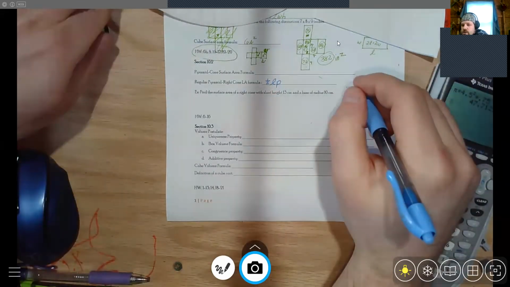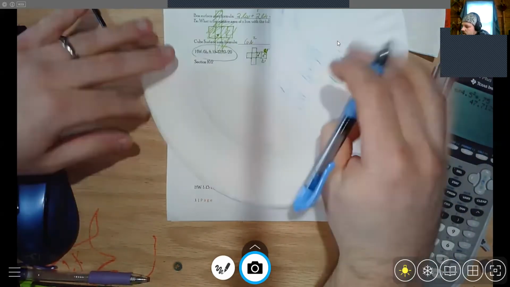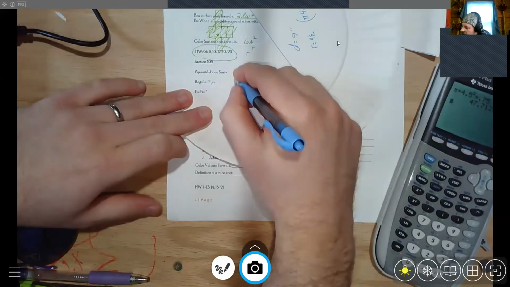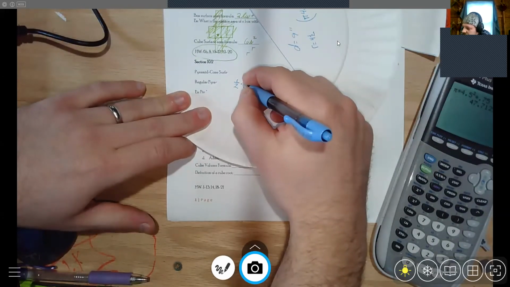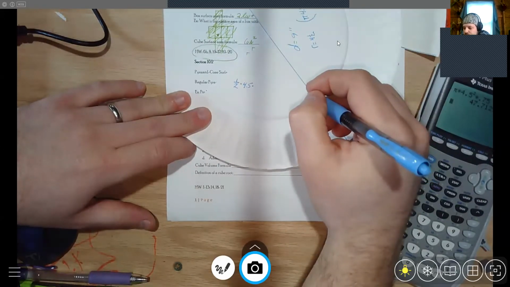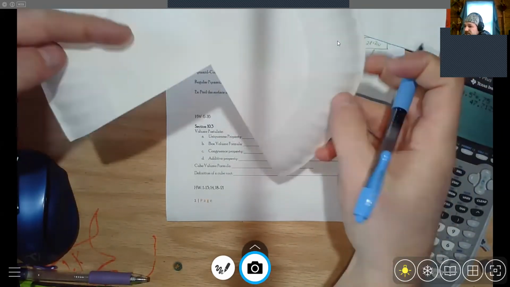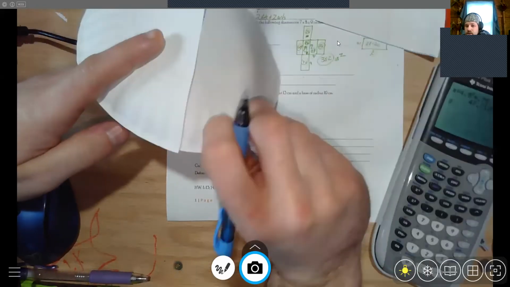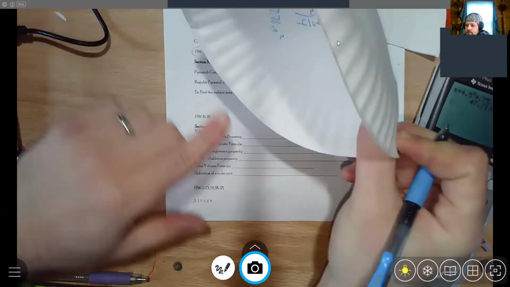So if we look at our example, 1/2 times the slant height, which was 4.5, times the perimeter of the base. So that would be the perimeter of the base here.